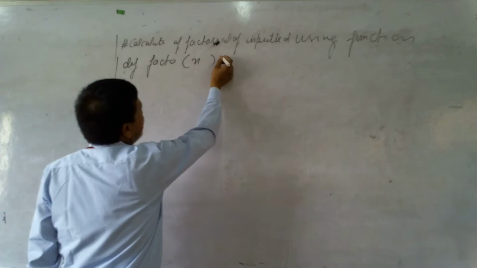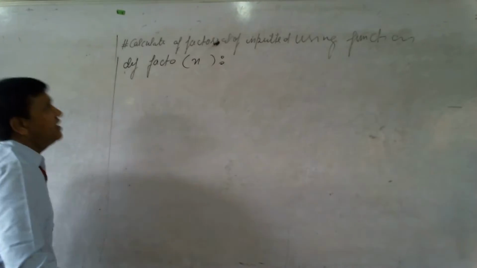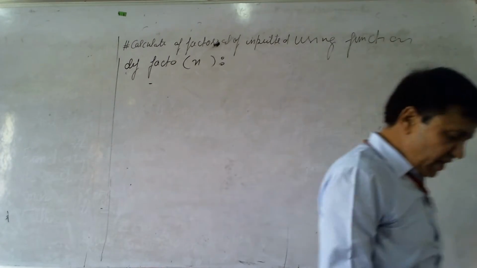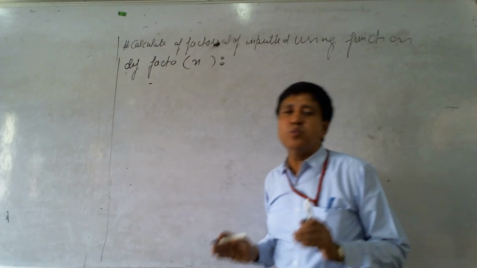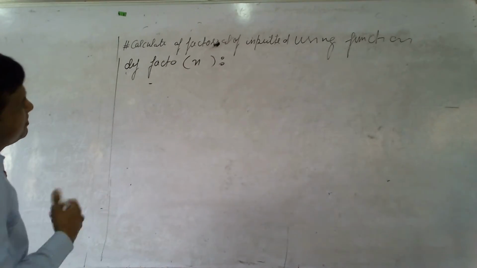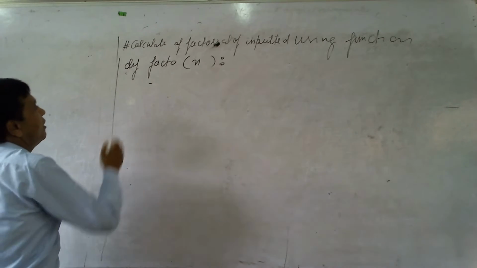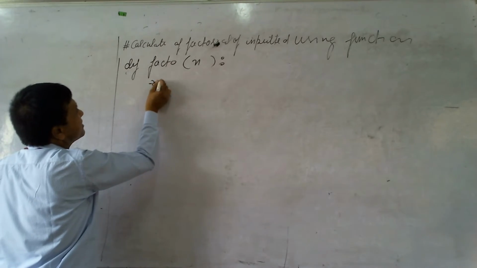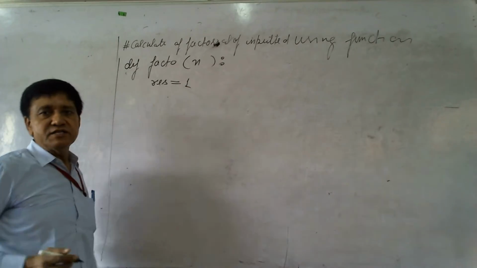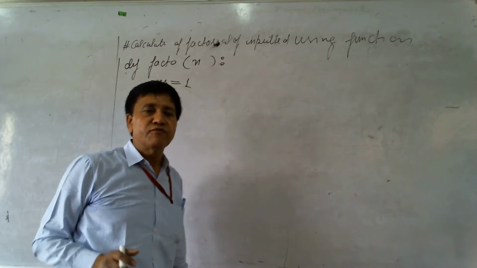Now I will use the colon here. As I press the enter key, the cursor will come here. Now I will write all the statements which I want to execute within this function. I will take one variable res equal to 1, which will contain the result, which will contain the factorial of the inputted number.